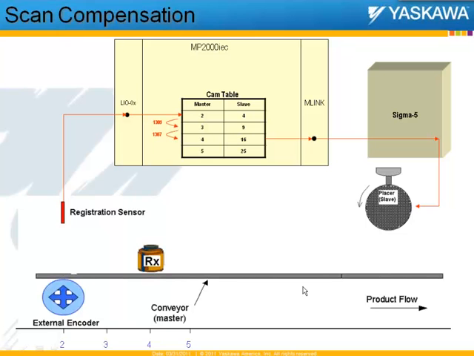You can see here that when the product is at position 4, the slave position also corresponds to that particular position on the table because of these two compensations already being incorporated.